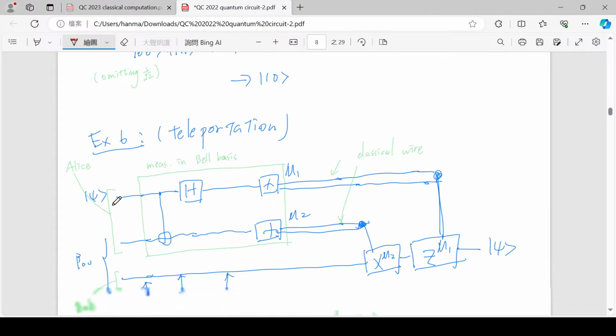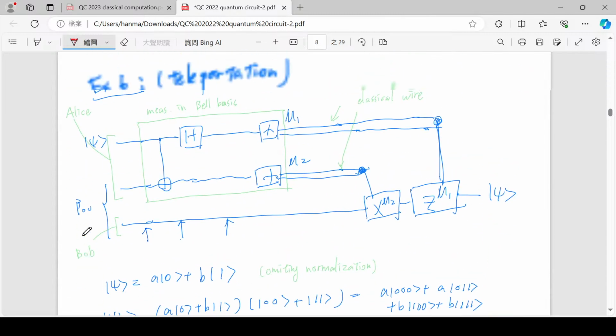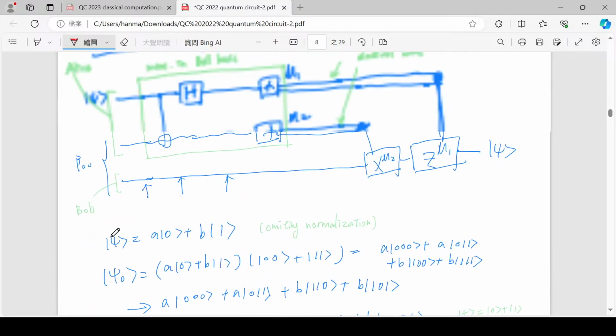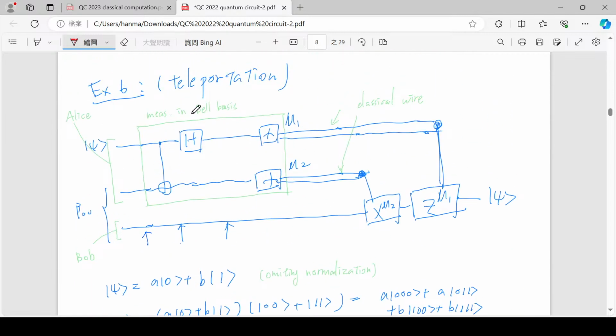Similarly, you do teleportation. Here in teleportation, we start with Alice holding 2 qubits and Bob holding 1 qubit. One qubit is what Alice wants to teleport, and the other qubit starts in the maximally entangled EPR pair, and then Alice does a Bell basis measurement on her part.